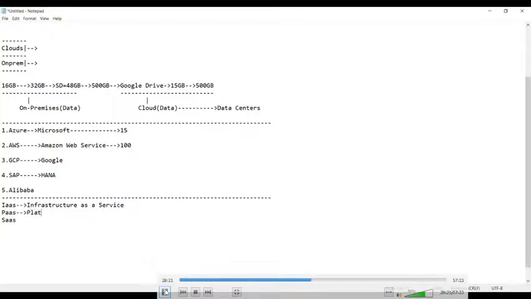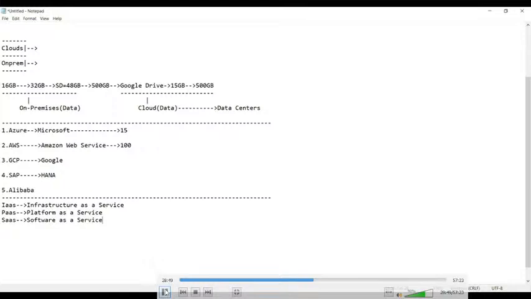Platform as a service. And then the third one, SaaS, stands for software as a service.